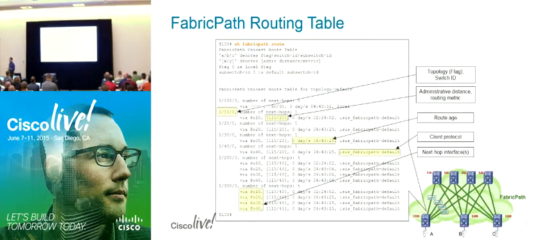You may see some resemblance to an IP layer 3 routing table. Just the exception here is we do not have IP prefixes. Instead, we have switch IDs. And really, let's say for switch 10 that you saw on the previous slide, we have one egress interface, port channel 10. And if you notice here, we also have administrative distance and metric.